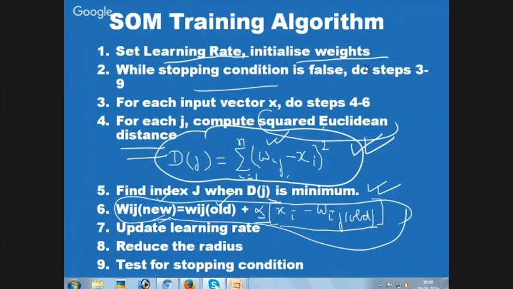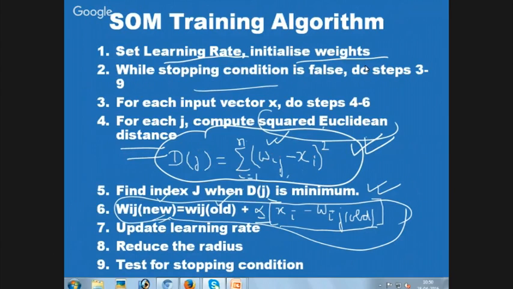Write the algorithm according to your distance, find the minimum, then find the old or updated weight, and after that it will belong to the cluster. Finally you can give that in cluster 1 these neurons are present, in cluster 2 these neurons are present, and in cluster 3 these neurons are present. So that will be your complete self-organizing map.